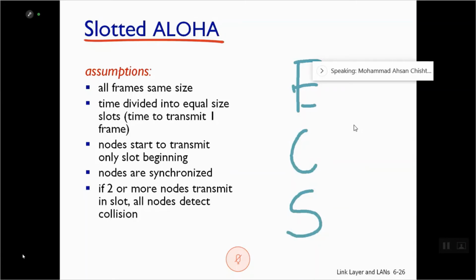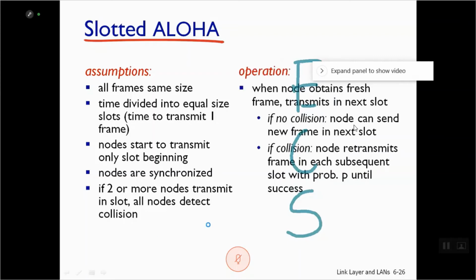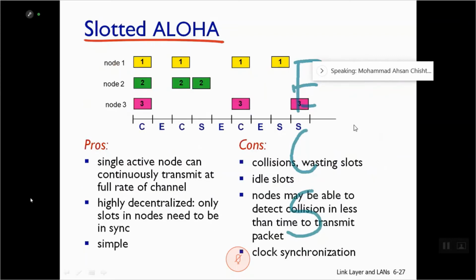This is how we see it in this figure. See, this explains slotted Aloha. The letters C, E, S here denote collision, empty slot, and S a successful slot.